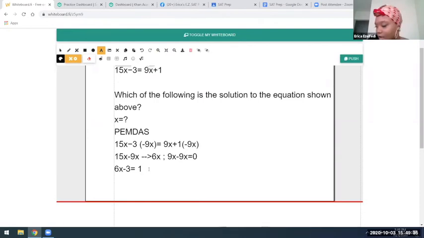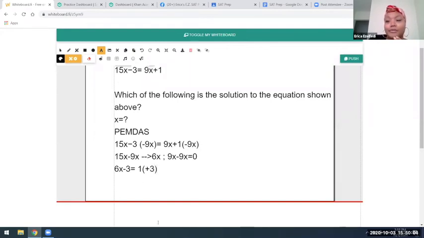So what's the next thing that we do? We add 3 to the other side.